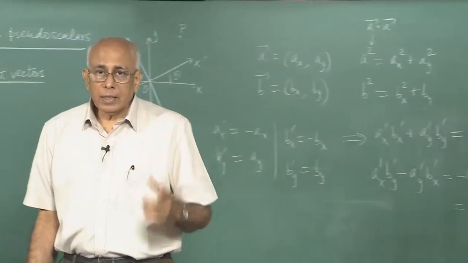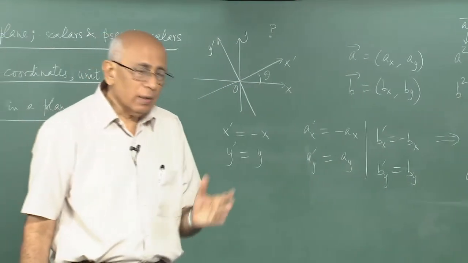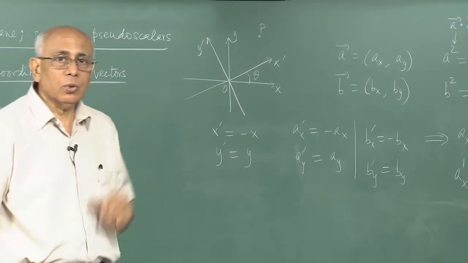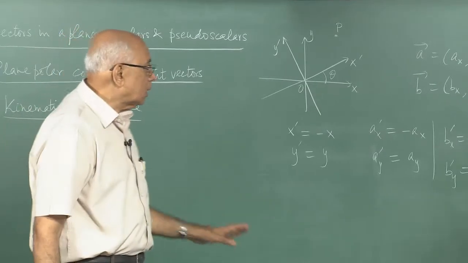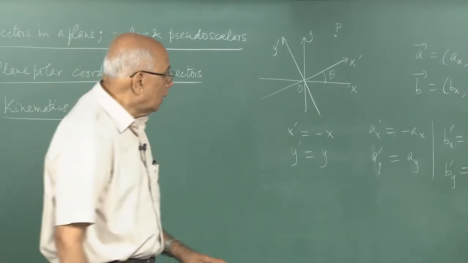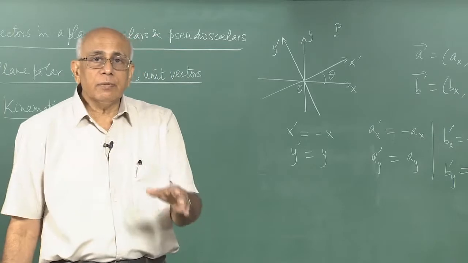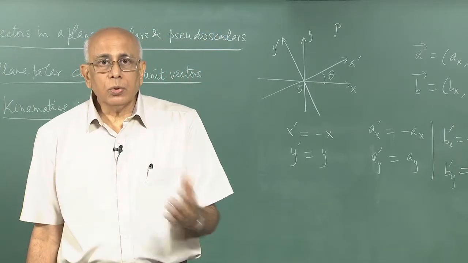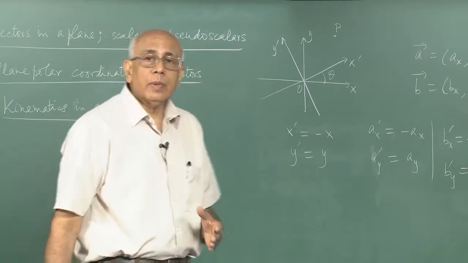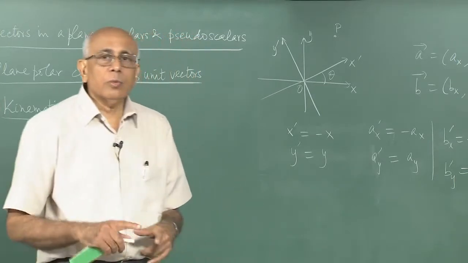This will also generalize as we go to higher dimensions to vectors. You will have quantities which look like pseudo vectors, and at that stage I will give physical examples of these quantities. Just to cut a long story short, in 3 dimensions the position vector is a true vector, the momentum vector is a true vector, the angular momentum vector for instance will turn out to be a pseudo vector.